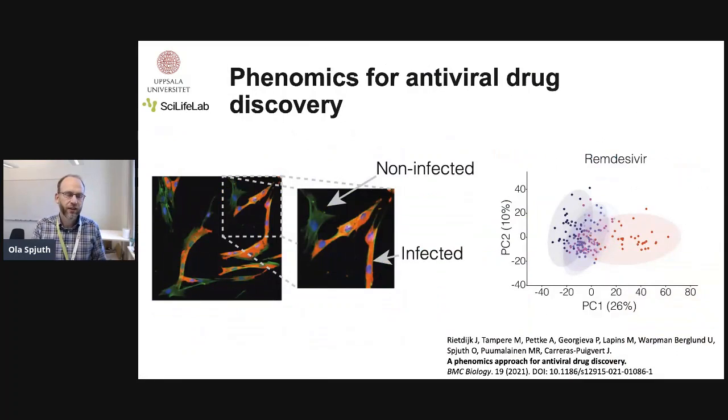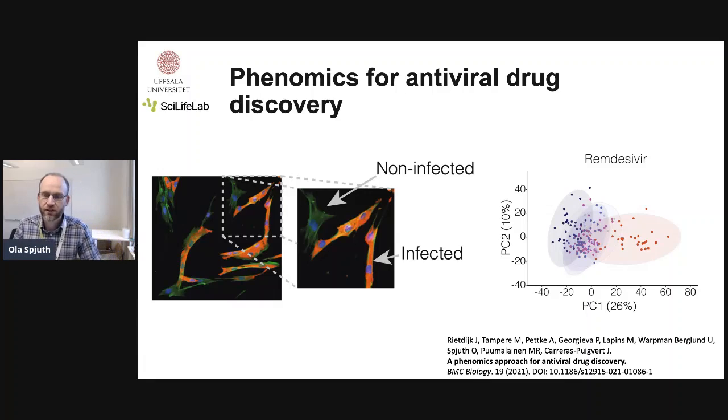Here's another study that we recently concluded in my lab. That was for antiviral drug discovery, where we sacrificed one of the dyes in the cell painting but added an antibody towards SARS-CoV-2, and we could then, in the same experiment, look at non-infected and infected cells and look at their different changes in morphology when exposed to different types of treatments.